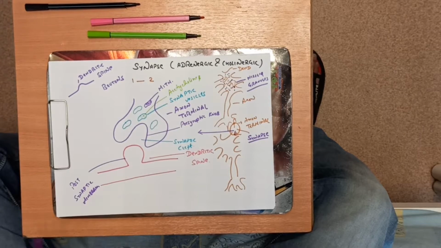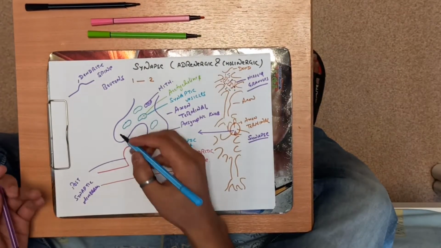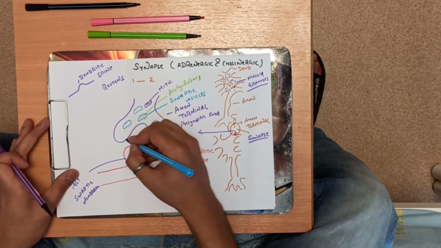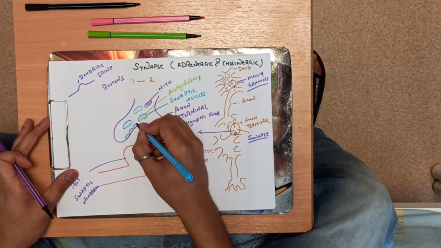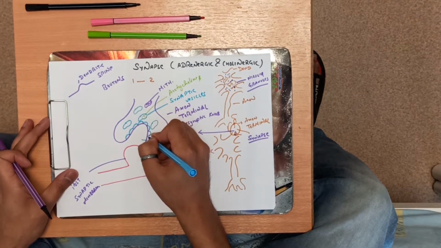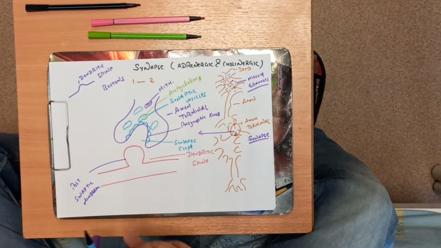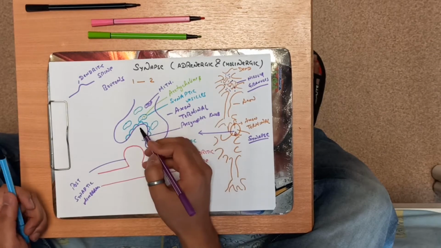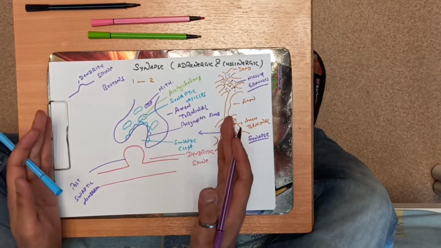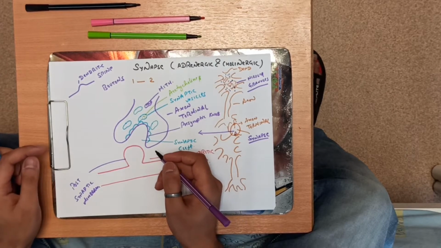Now let me tell you, there is a cytoplasm on the presynaptic membrane. Different types of arrangement of cytoplasm take place on the presynaptic as well as on the postsynaptic membrane. In the presynaptic membrane, the cytoplasm is bulbous in shape and is attached to the presynaptic membrane thoroughly.